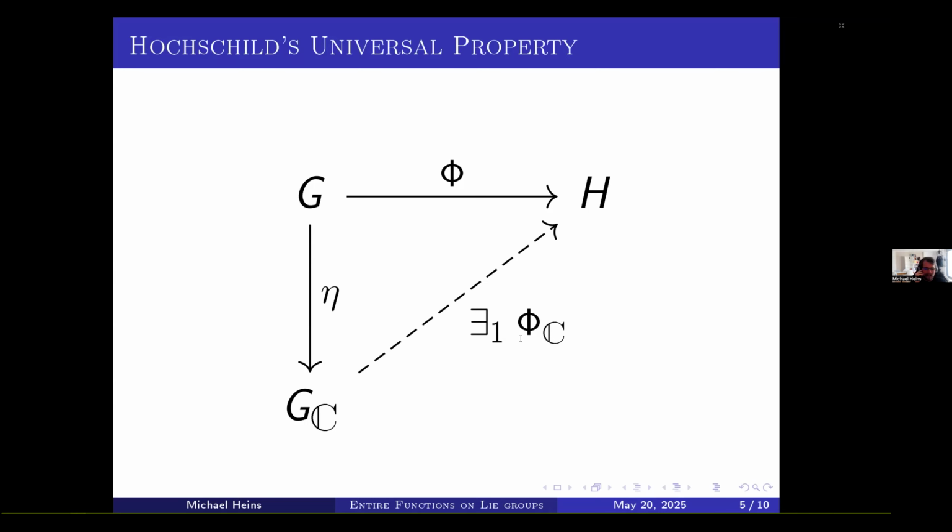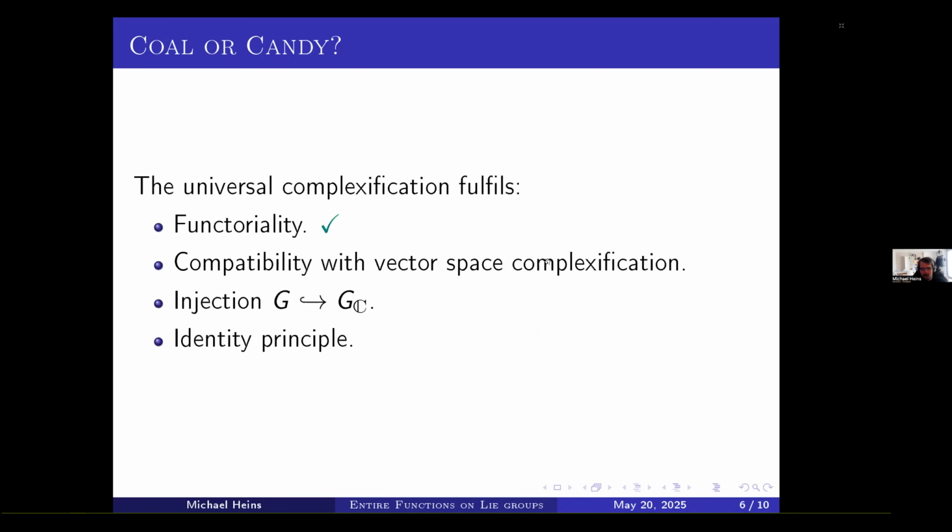This is nice. The other thing which I mentioned with, okay, I want to complexify morphisms between real groups. This is also easy. So if this H is only real and I have a phi, I just post-compose with the eta corresponding to H and apply this diagram, and I get what I wanted. So functoriality, check. Life is good.